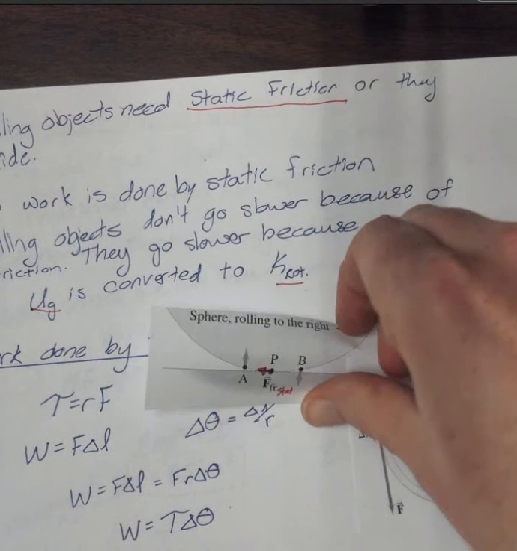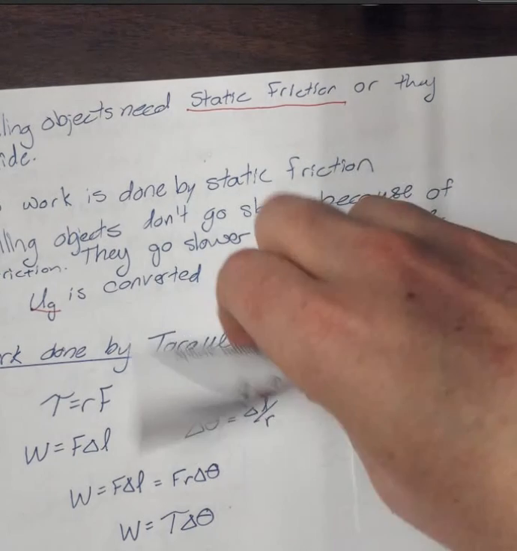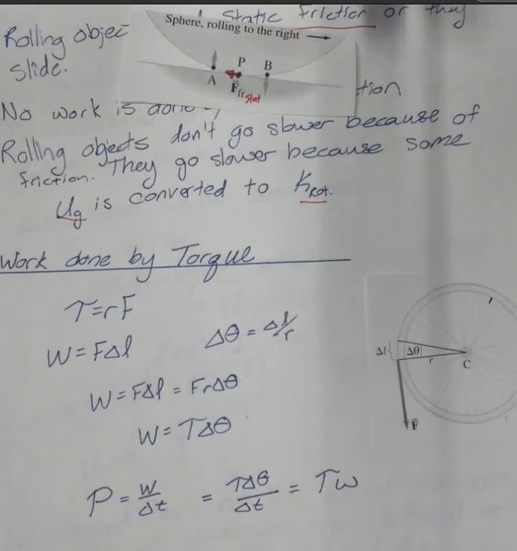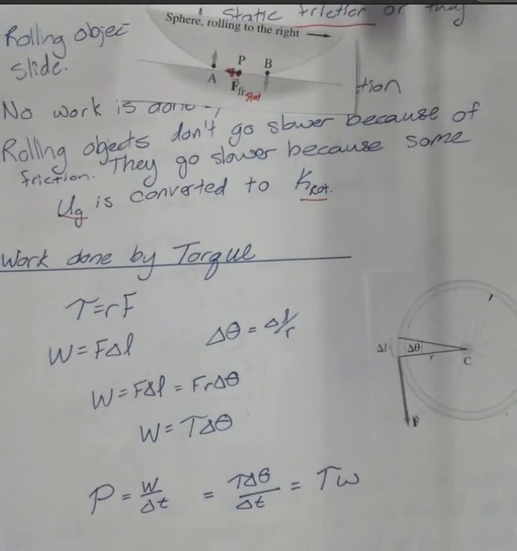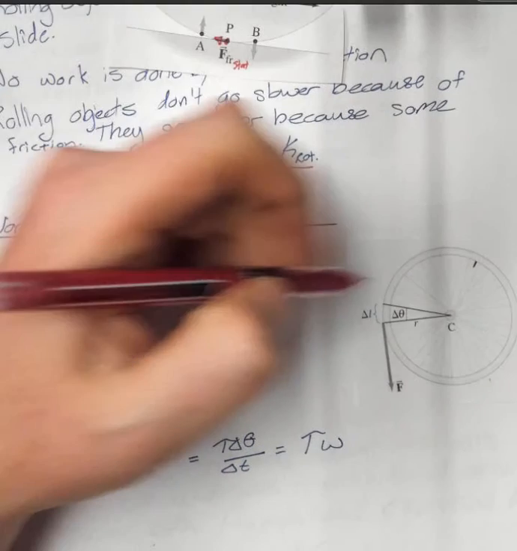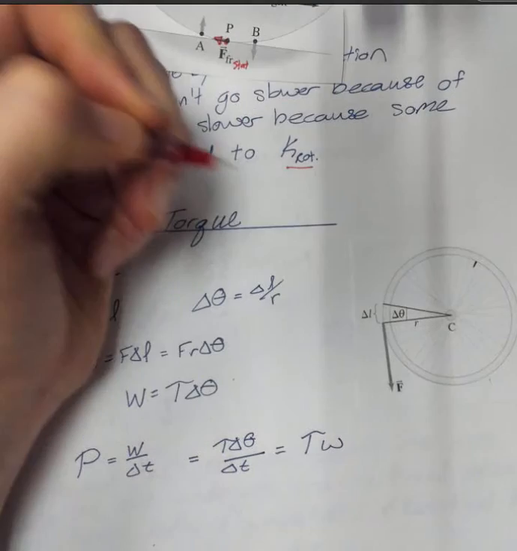So we've looked at how to calculate kinetic energy. Now let's look at work done on rotational objects by torque. It's a pretty straightforward idea, and that idea is that work equals force times distance, right?